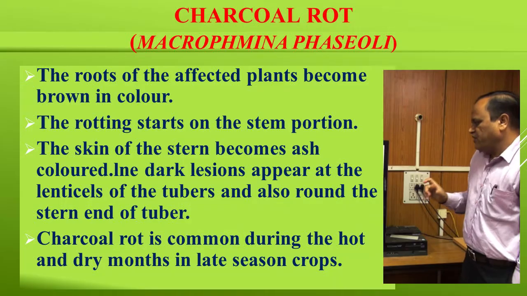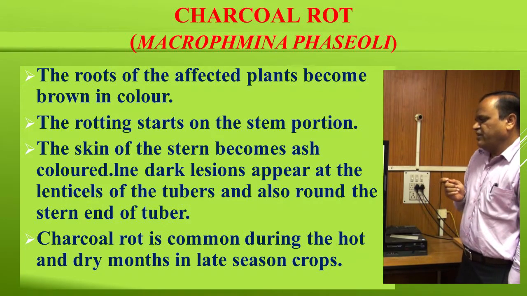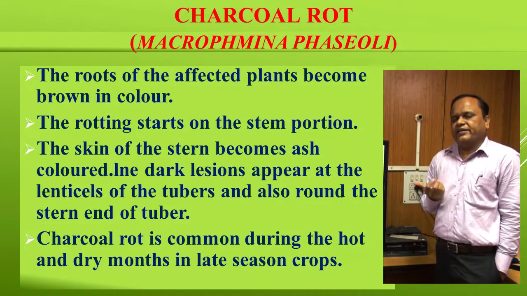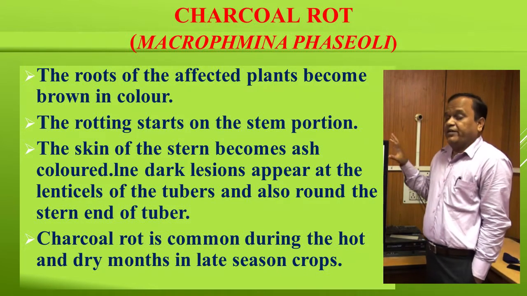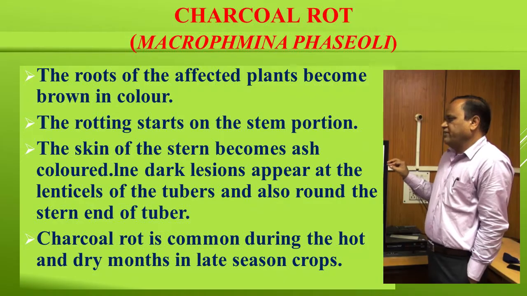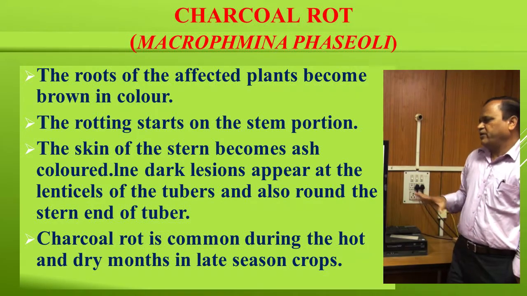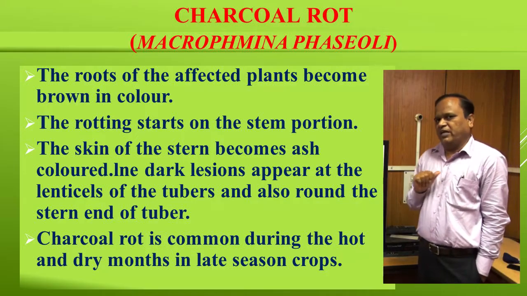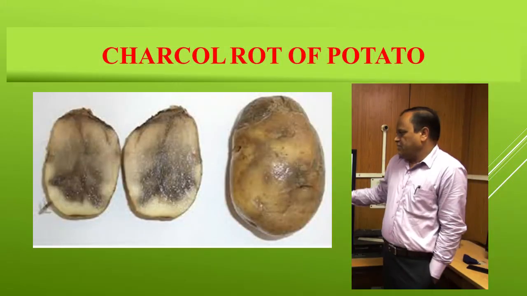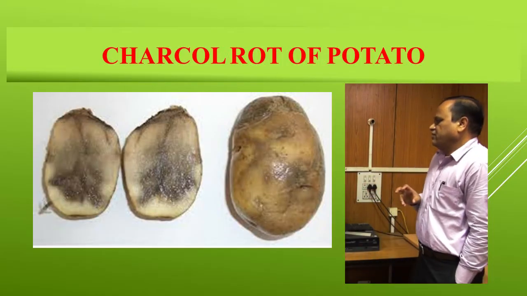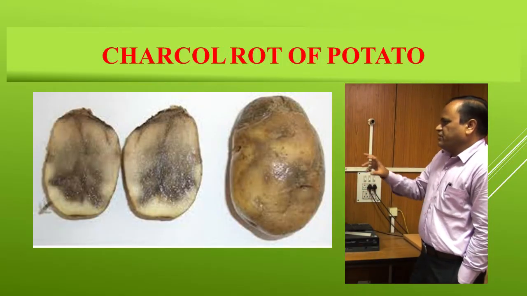Charcoal rot is common during the hot and dry months in late season crops. If you grow the potato in late season, then this disease will generally appear. So it is always advisable that you grow the potato at the proper time, not in late season. This is the visual picture of the potato tuber affected by charcoal rot.